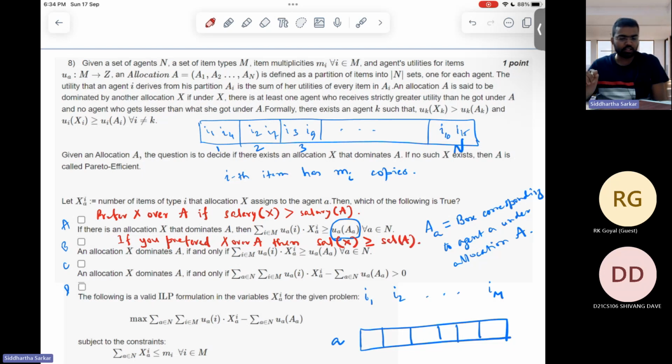Do you think this is correct? Maybe it is given more salary, but to say more than or equal to, is that correct? What if the salary of X is equal to the salary of A? Then the first thing, that I give the preference to X over A, won't be true.